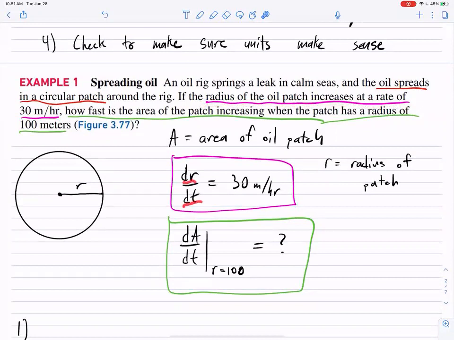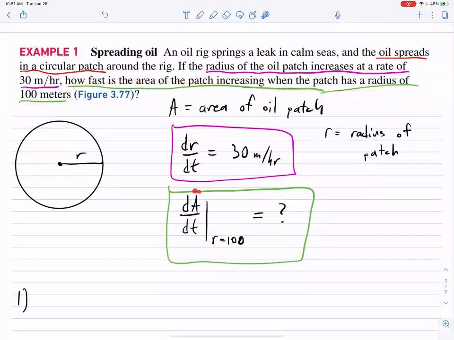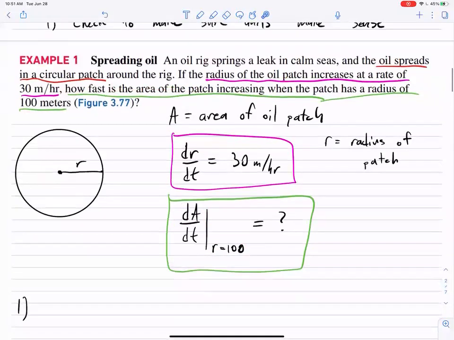So dr/dt, how quickly the radius is increasing, is 30 meters per hour. And then the green: how fast is the area increasing when the patch has a radius of 100? That means we want to know what dA/dt is, how fast the area is increasing. And we want to know it specifically when r is equal to 100. So that's all the first part.